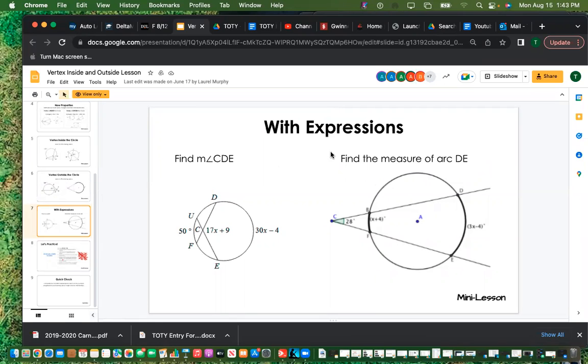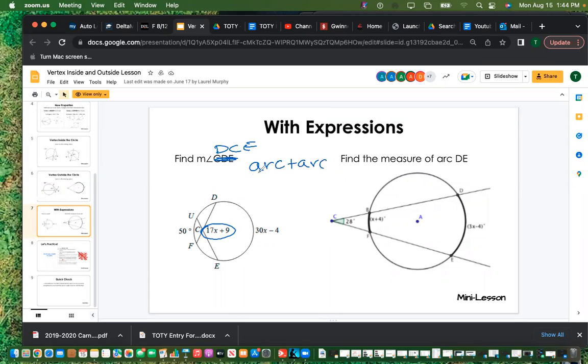Okay, before you start freaking out, I need you to change this to DCE. So we're trying to find this angle right here. Now, what formula am I going to use if I'm trying to find an angle when I have two arcs? Arc plus arc, divided by 2.